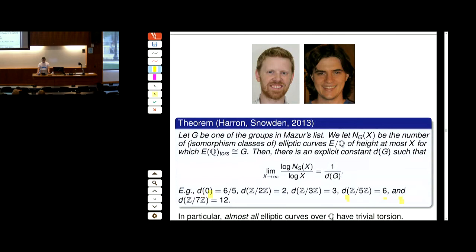I just wrote a few of them for the cyclic prime ones here. And actually, d of every non-trivial torsion subgroup is bigger than d of the trivial subgroup. What that means is that there are by far more elliptic curves with trivial torsion subgroup. So if you take all the elliptic curves and compare how many there are, then a density of 100% of elliptic curves have trivial torsion.